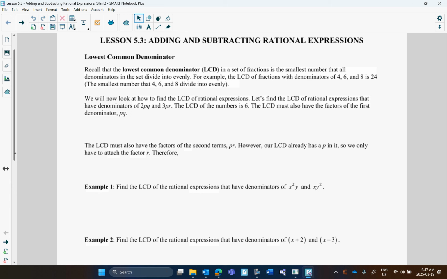Remove parentheses and I get 2x minus 2 plus 3x plus 9 over these 3 binomials.